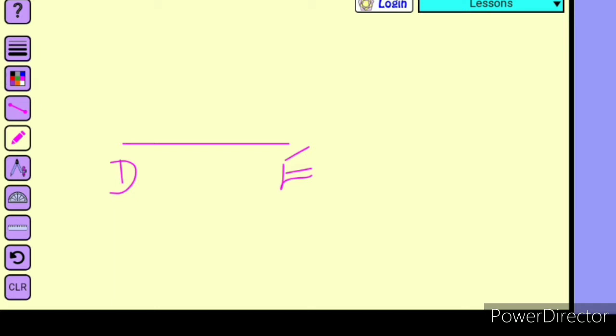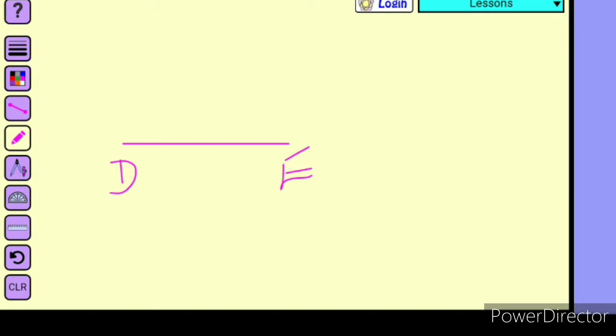Now we are going to draw a perpendicular line to this DE, because the other diagonal we need to construct, isn't it? For that we need one perpendicular line, because two diagonals are perpendicular to each other, right? They are meeting at 90 degrees means what? They are perpendicular to each other. So how to construct the perpendicular line?